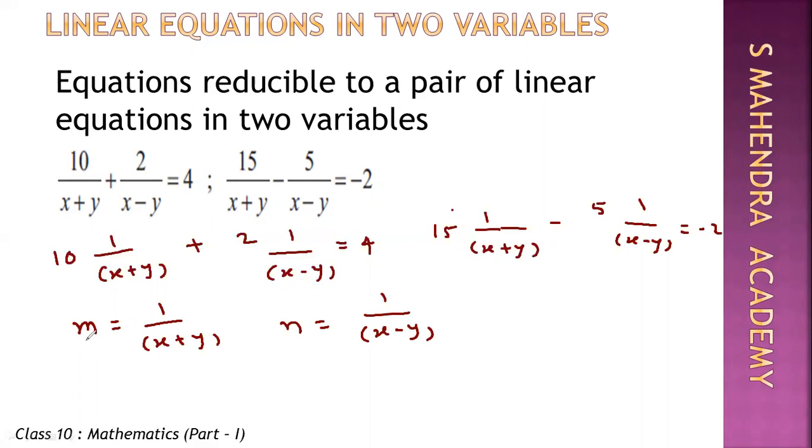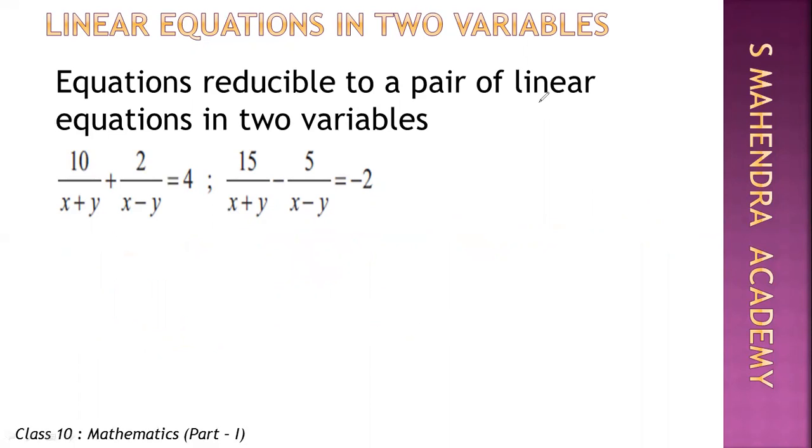So we can substitute these values and write the equations like this: 10m plus 2n is equal to 4, and 15m minus 5n is equal to minus 2.